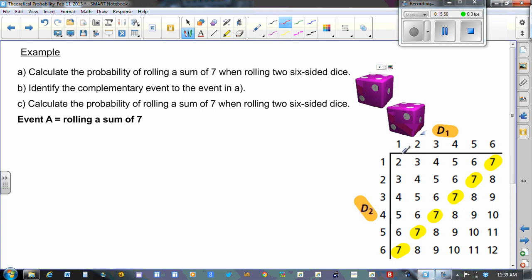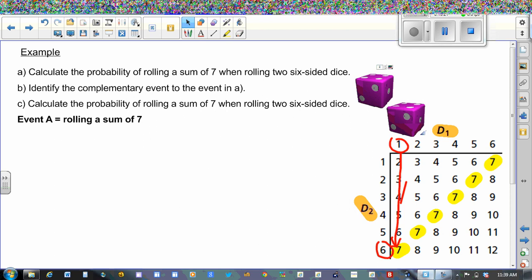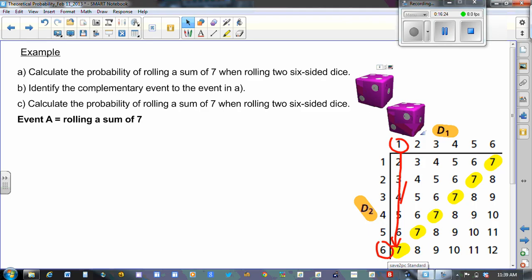So for instance, on die 1, if I were to roll a 1, and on die 2 to roll a 6, then we can see how their sums are going to lead us to 7. So in total, you can see that we have 6 possible sums of 7 in rolling 2 dice. So let's have a look at calculating the probability.